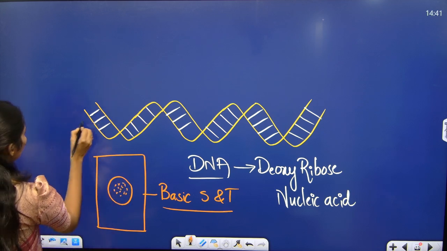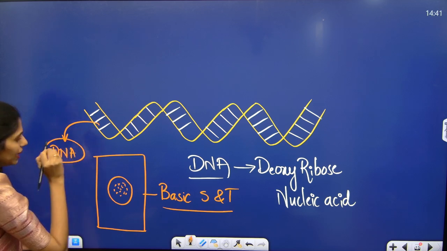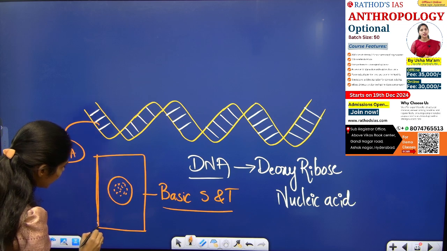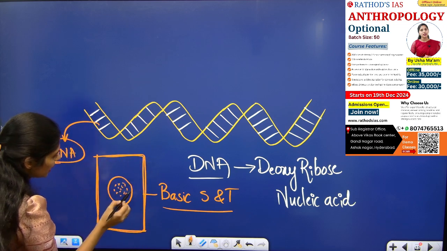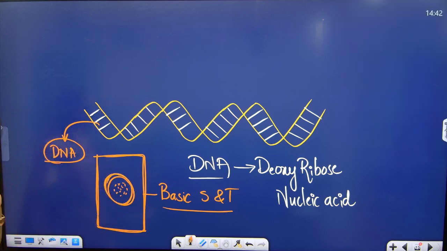So here, if you take DNA as the genetic material, in each and every cell, for example, if you are taking a single cell, a single cell contains a single nucleus. In this nucleus we will be having this.